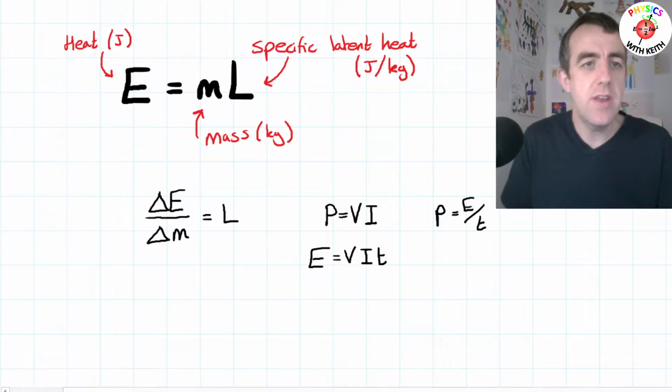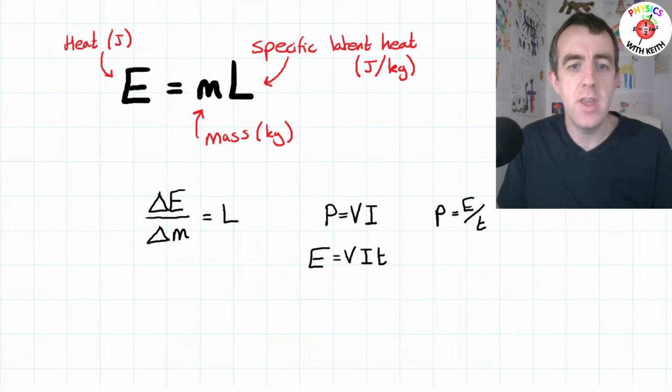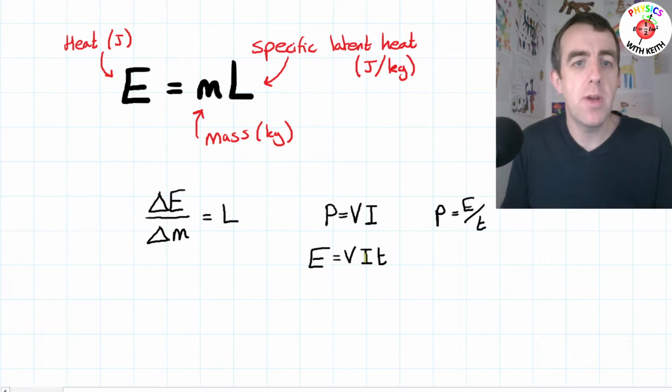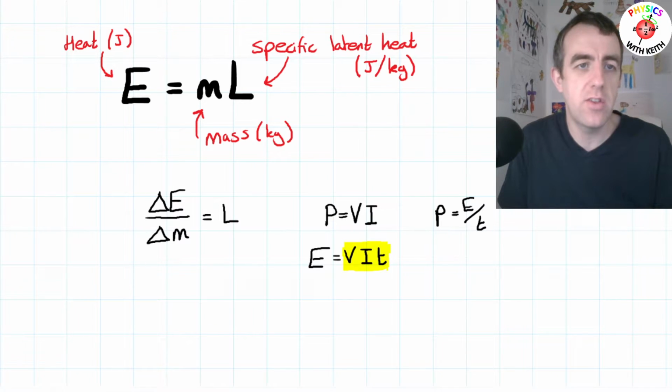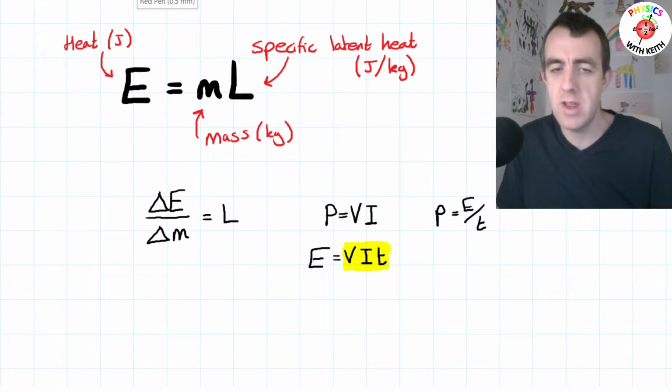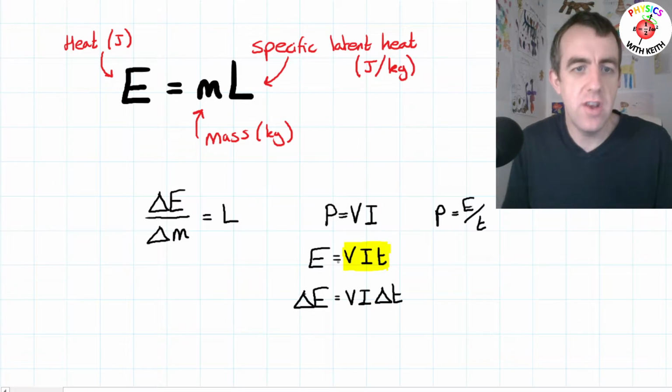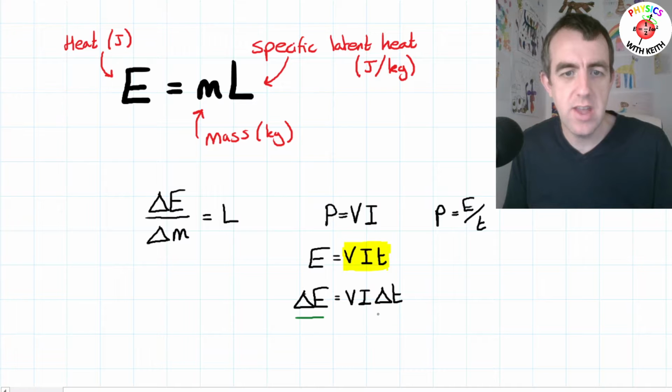So the amount of electrical energy transferred is going to be equal to the potential difference across the heater multiplied by the current through the heater and multiplied by the time that the heater is turned on for. Now, with our heater in our simulation, the potential difference across it and the current through it are going to remain constant throughout the experiment. This means that the change in energy that we put into our heater is going to depend on how long the heater is turned on for only.